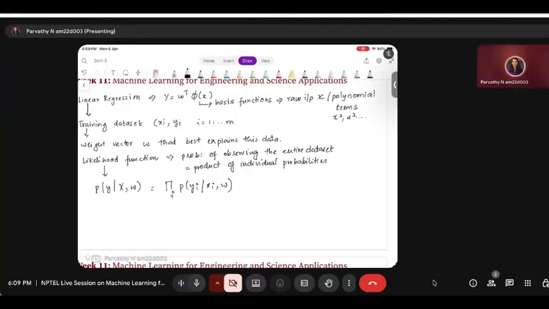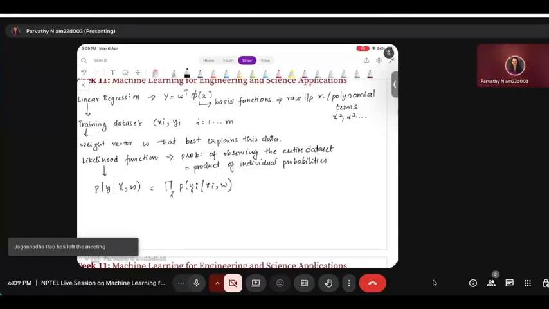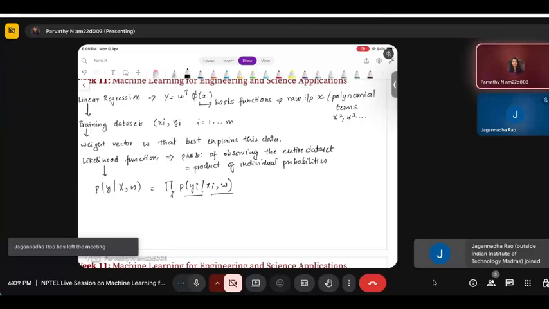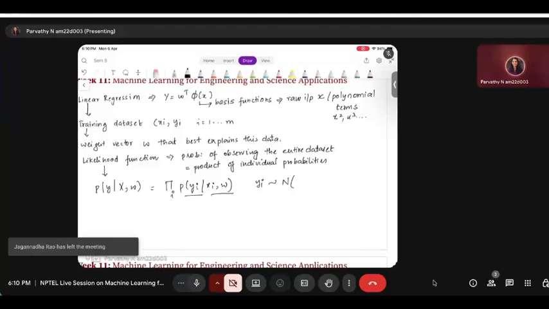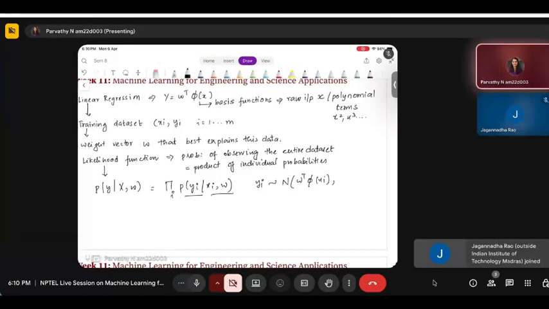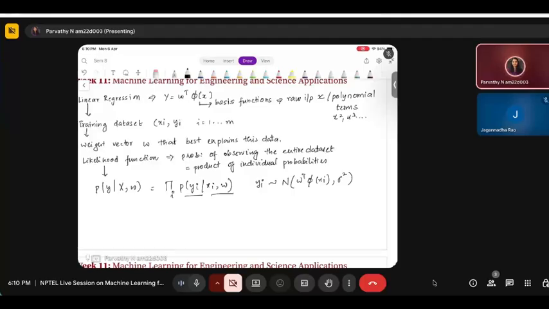Then we model each observation as a Gaussian noise around the model prediction, that is, if this is the model prediction, then each observation is represented as w transpose phi of xi comma sigma square. Then the individual probability can be written in this way.